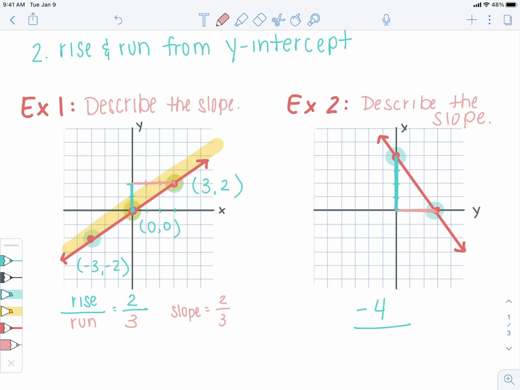And my run is 1, 2, 3. So a negative is just going to tell me to travel down from my y-intercept instead of traveling up. My run, I'm always going to move to the right, whatever my run is.